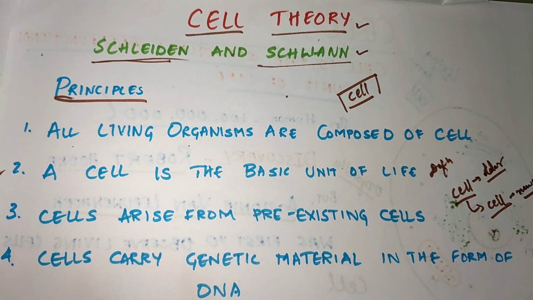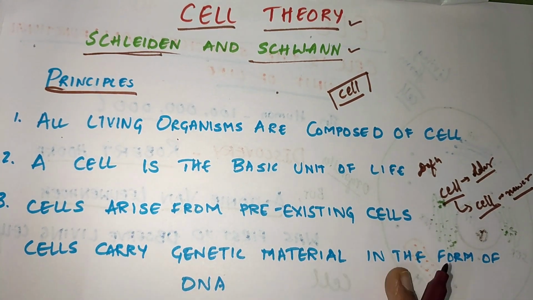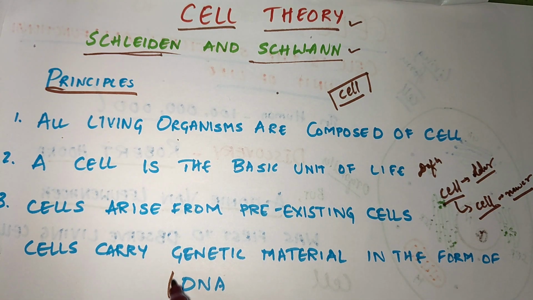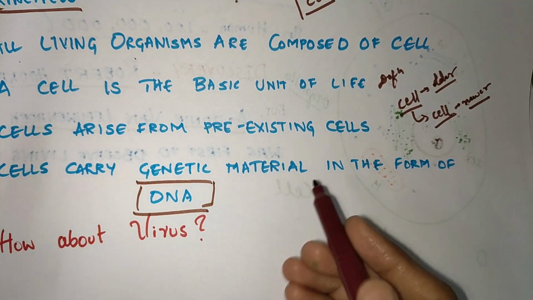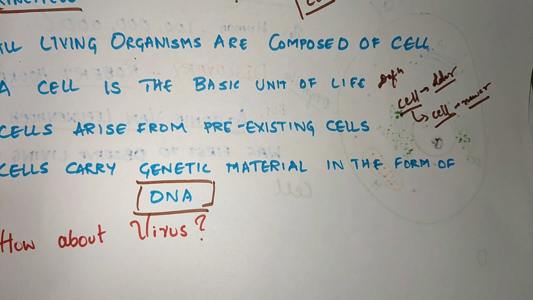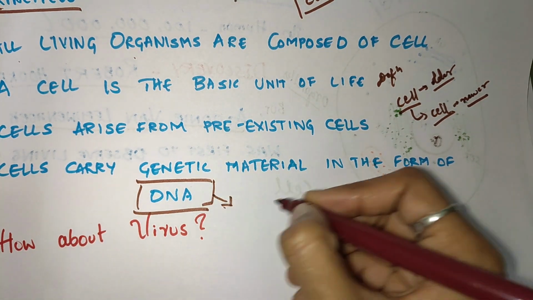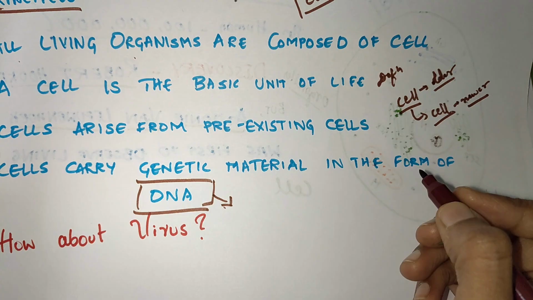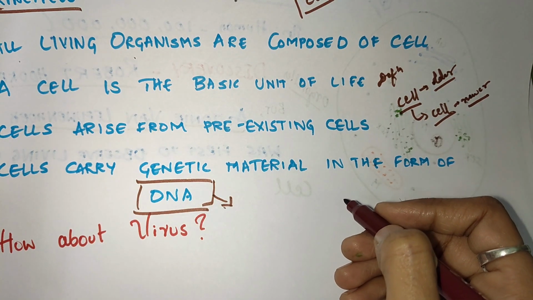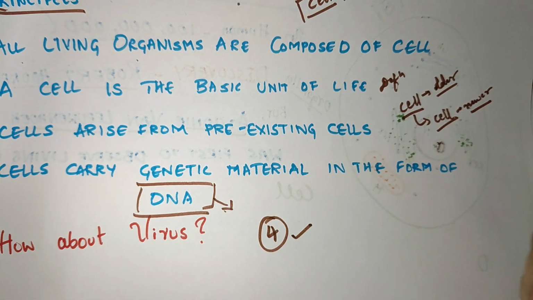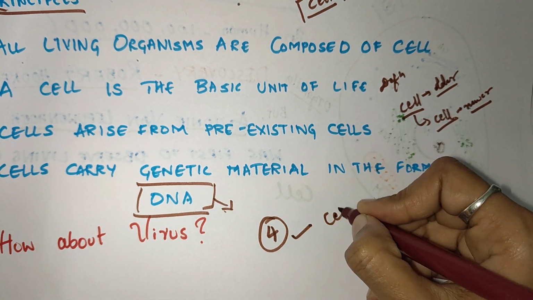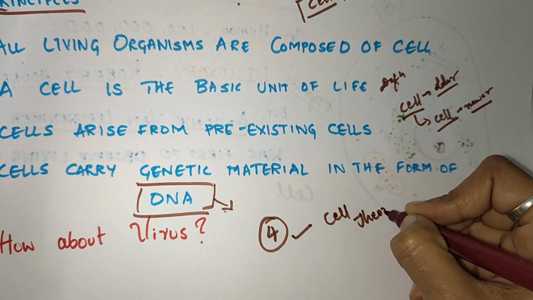The next one is cells carry genetic material in the form of DNA. DNA, what is DNA? DNA is our genetic material, right? This carries genetic information. So these are all the 4 principles of cell theory you must remember.